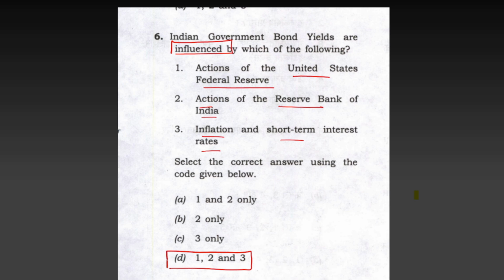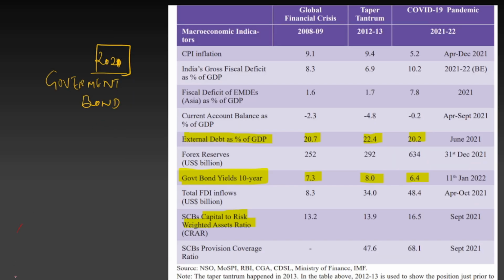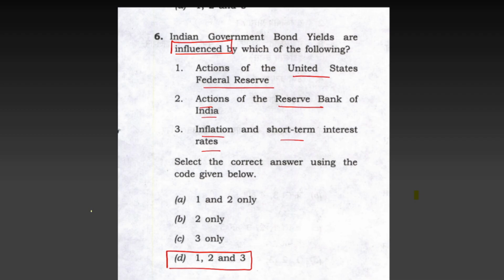See, bond yield means what output you are getting. In simple terms, it's a complicated concept, but don't get too complicated. It's what output you get in terms of the input you give. And government bonds usually are very stable and sustainable, and hence they are in very much demand. But see what they are saying: which of the following influences, actions of the United States Federal Reserve.